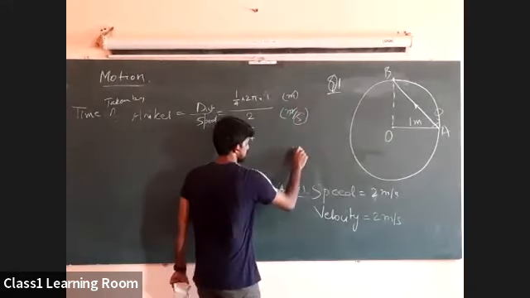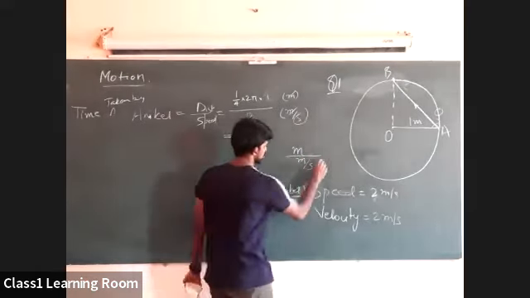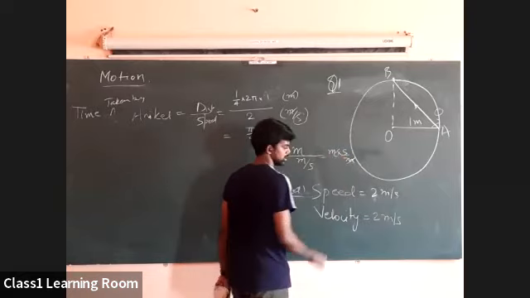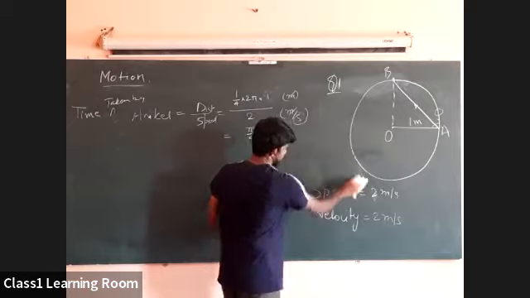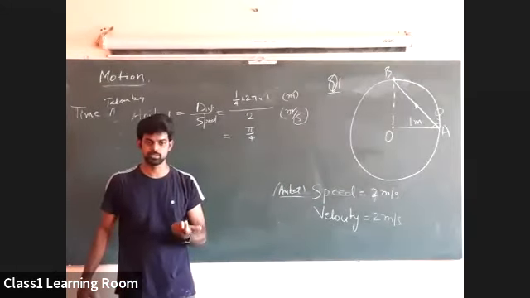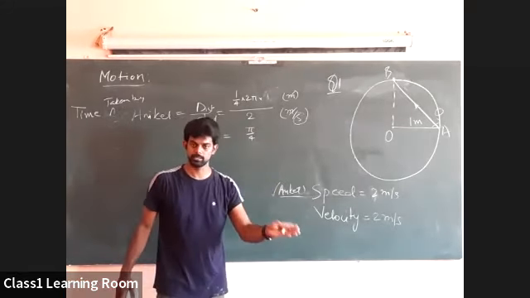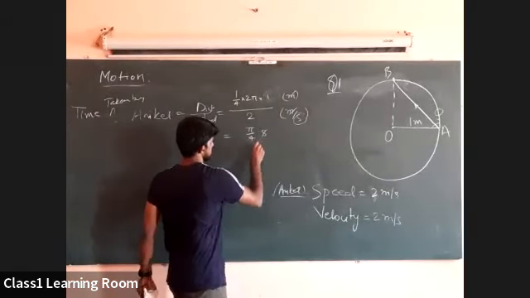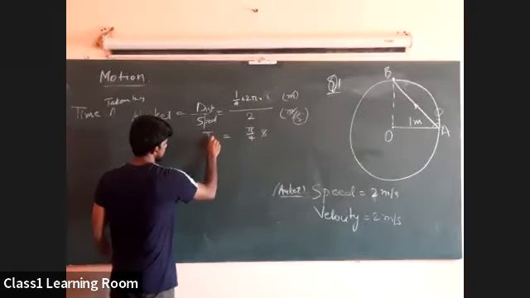Okay, so let's write. This is meter divided by meter per second. So this is meter multiplied by second by meter. You know this thing, right? If you don't, then let me know. Maybe after the class, I can help you out with that. So pi by 4 second is the time taken by Aniket.